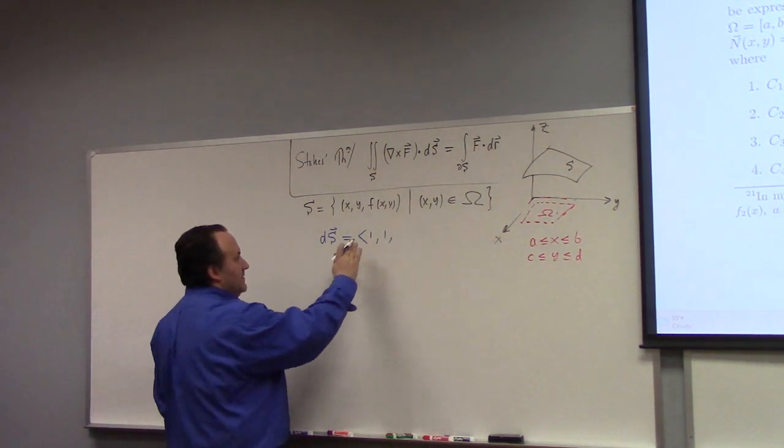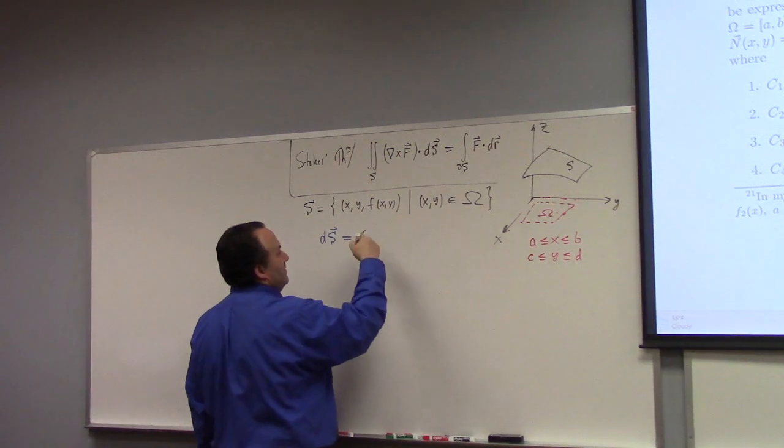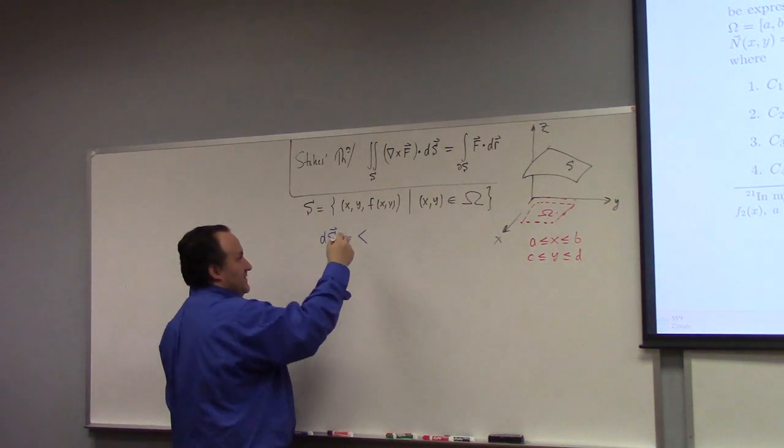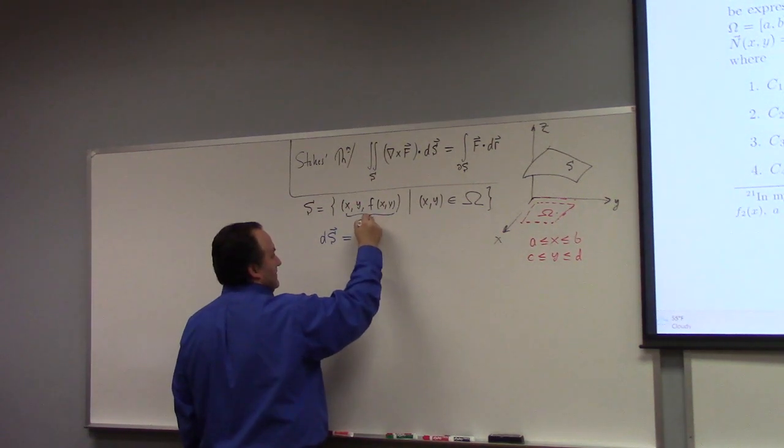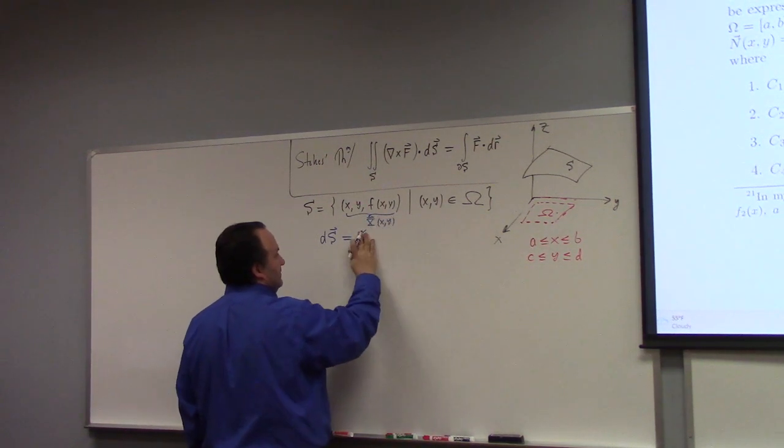I've forgotten my result. So when we calculate the cross product, this is my parameterization right here, X of (x, y), if you will.